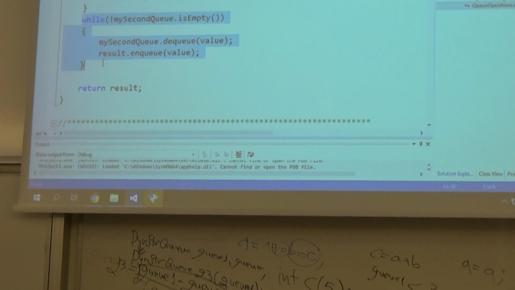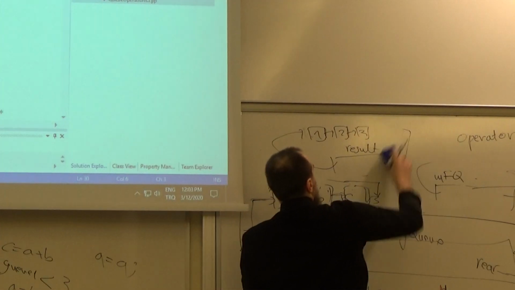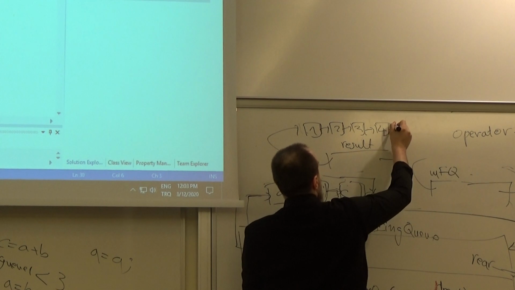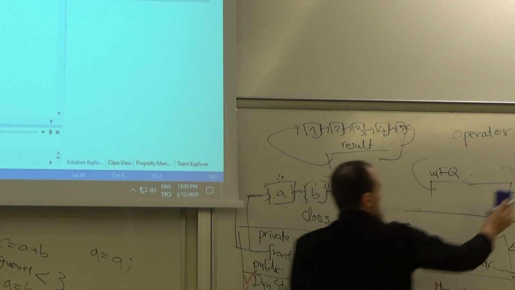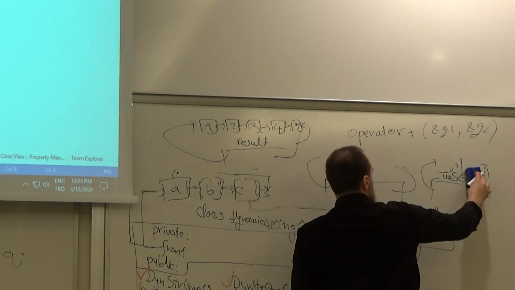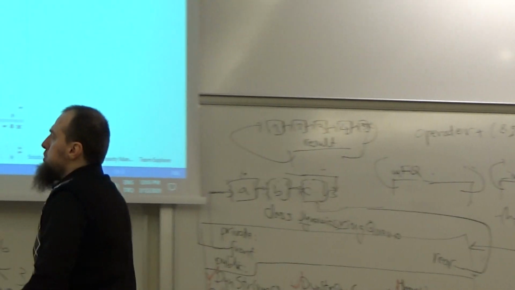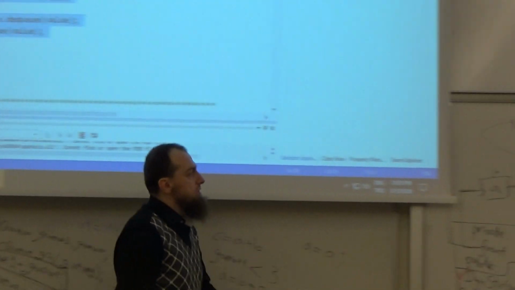I dequeue from the second queue and enqueue it to the result. So 4 and 5. Of course, when I dequeue it, I don't have those anymore. Finally, I return the result. Okay, I return this guy.